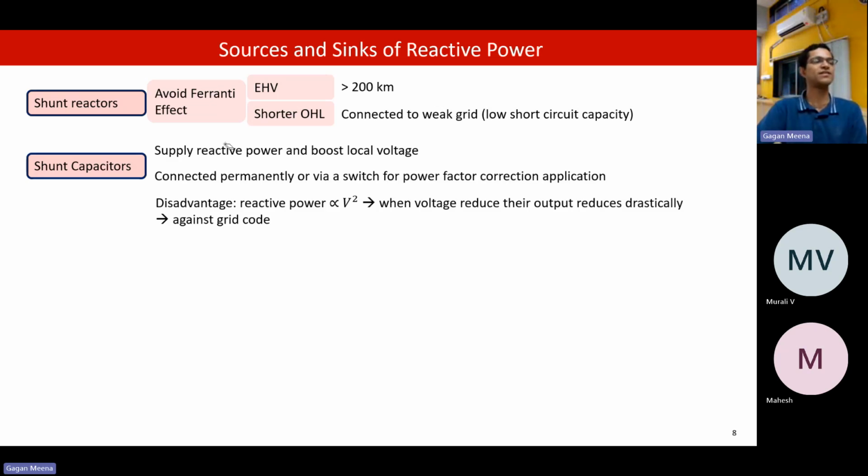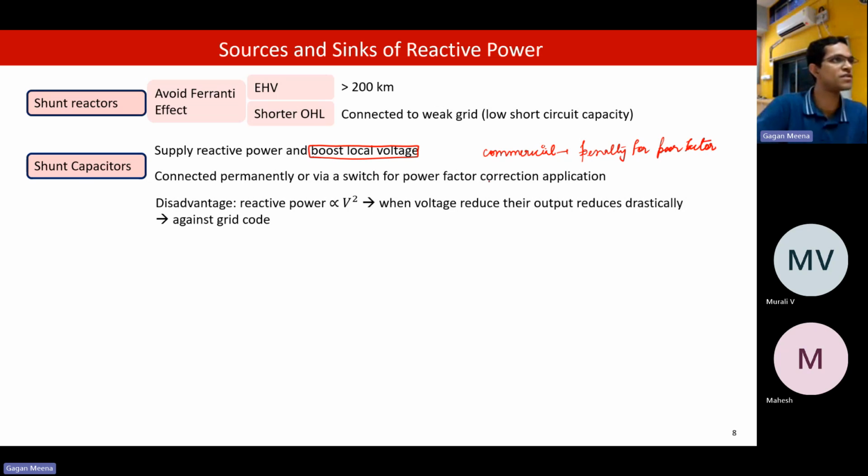Shunt capacitors are widely used in power systems because they are the source of reactive power, and they are used to boost the local voltage. They are also widely used in distribution systems, mainly by industrial and commercial loads. For a commercial consumer, there is a penalty for poor power factor.